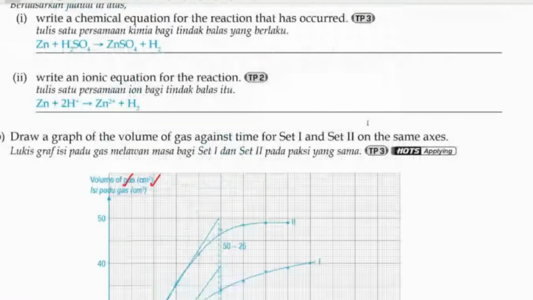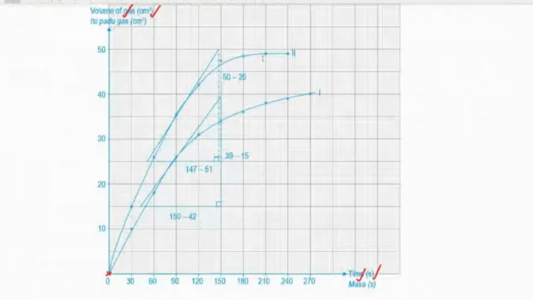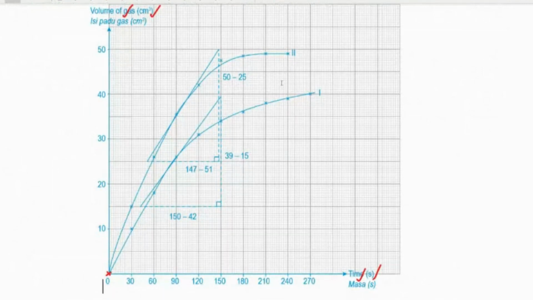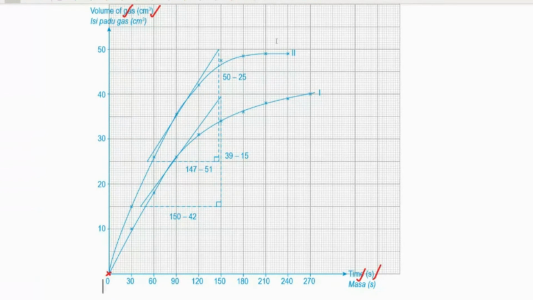Maximum is 49 for this one, and only 40 for the other. Both curves you can draw correctly like this.